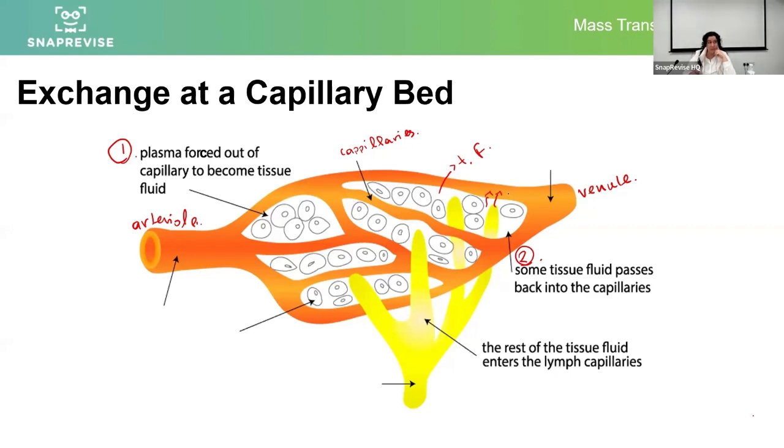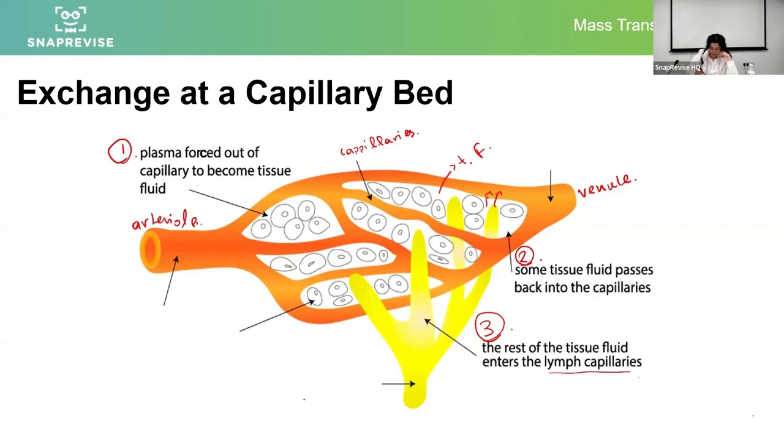So the rest of it is picked up by a fourth type of vessels, which are not blood vessels, but rather are part of the lymphatic circulatory system that absorbs the rest of the tissue fluid into the lymph capillaries here.